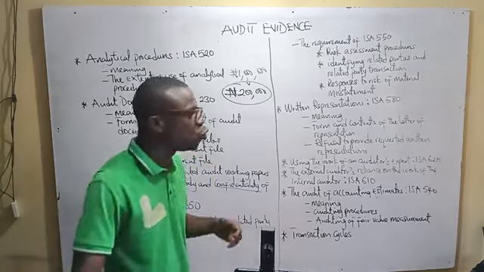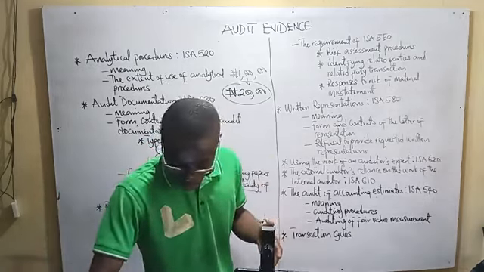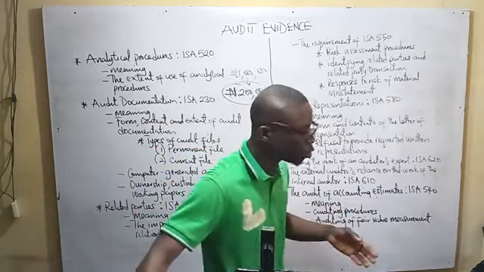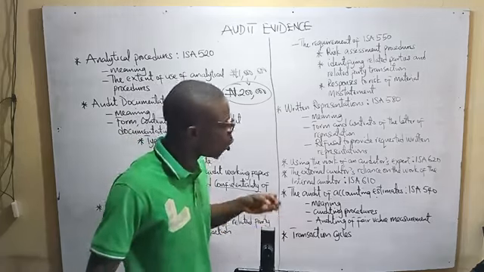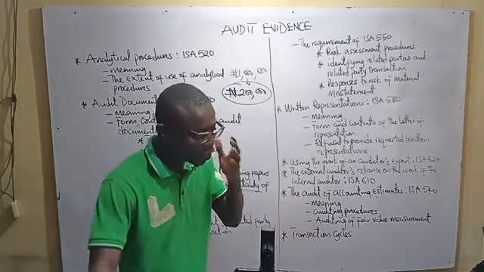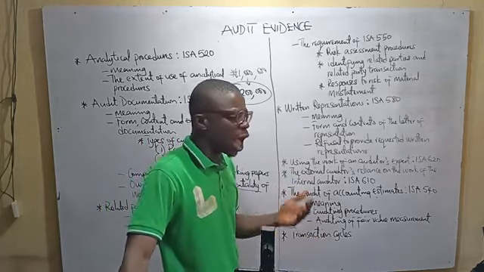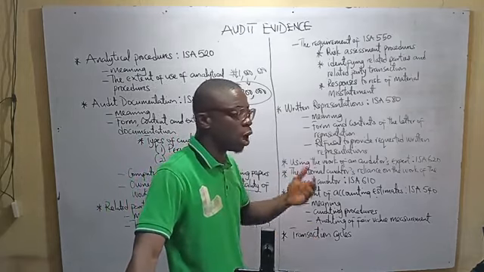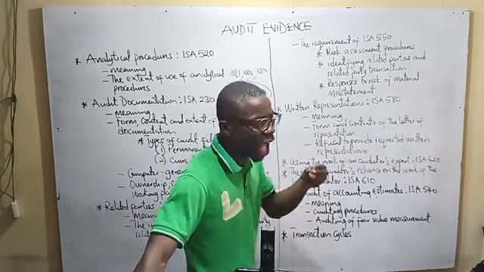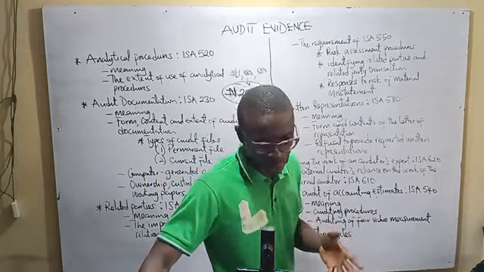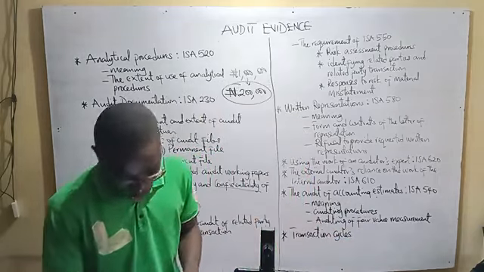The auditor will also review the procedures used by management to make the estimate. Is the procedure that the management has consistent with how the estimate should be made? The auditor will look at this.